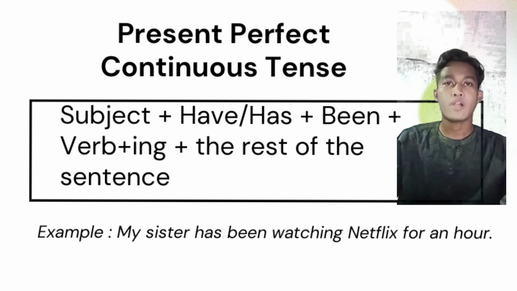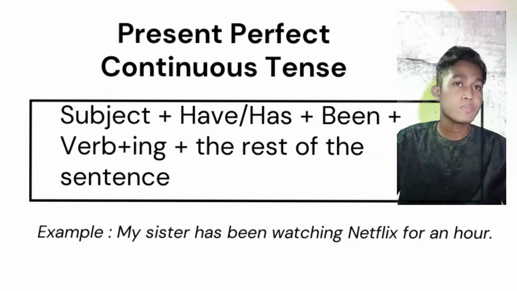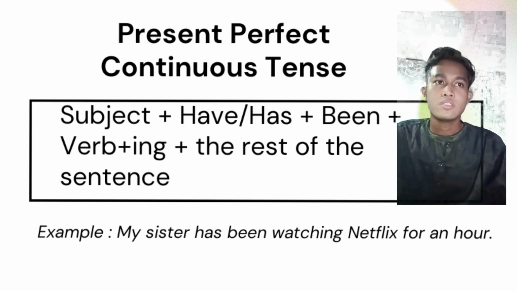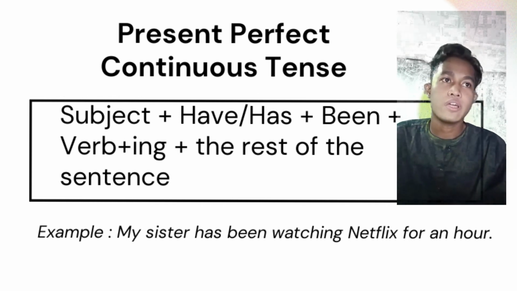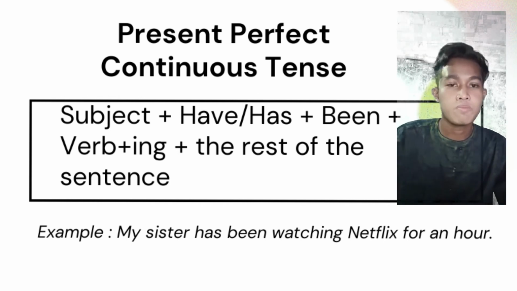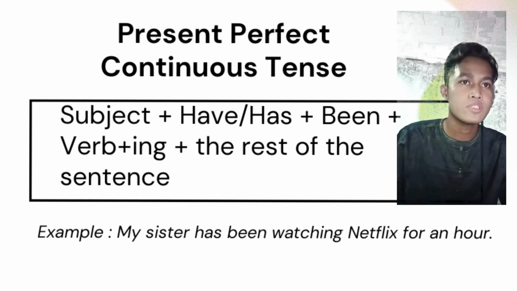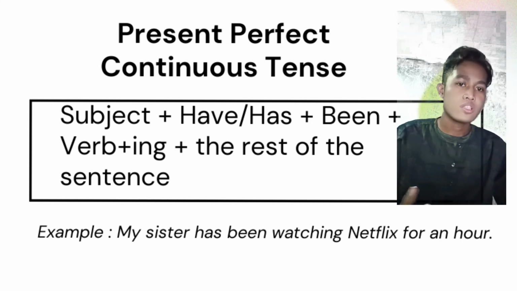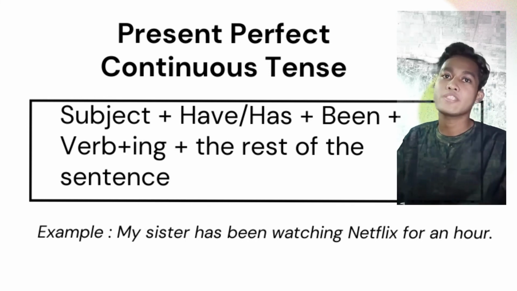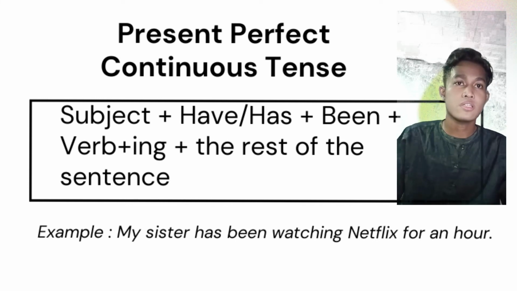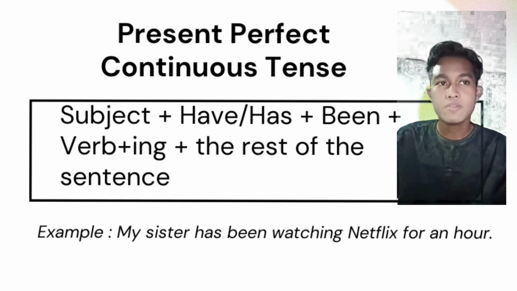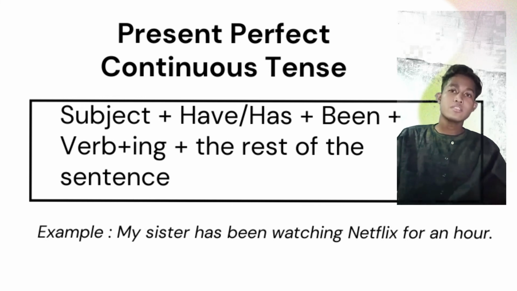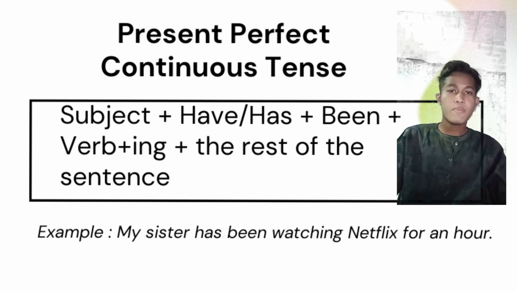Have is used for I, you, and plural subjects such as plural pronouns like they and we, and plural nouns such as boys, men, and compound subjects with the conjunction and, such as you and I, Tom and Jack. While has is for singular subjects such as third person singular pronouns like he, she, it, and singular nouns such as Tom, man.